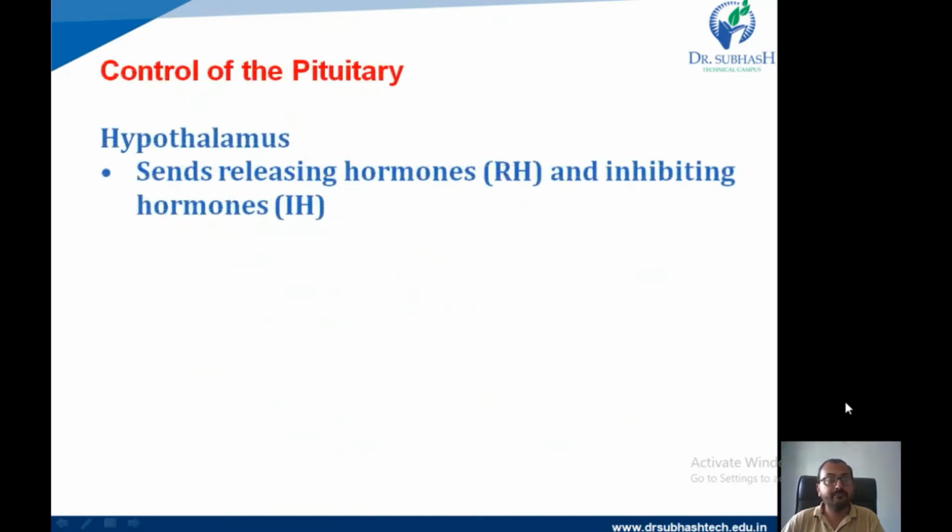Okay, control mechanism. As we know, the hypothalamus is the higher center which regulates and governs the activity of the pituitary gland. It releases releasing hormones and inhibiting hormones. We can call them releasing factors as well as inhibiting factors.